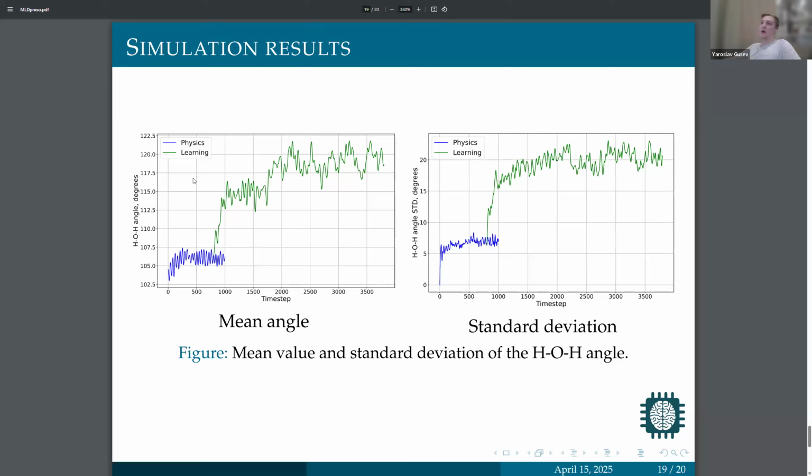But again, this is just for illustrational purposes of our approach of learning. So it more or less works. For some quantities better, for some not so well. And this is also the standard deviation of the angle plotted in the right picture. The fluctuations for the angle are also higher.